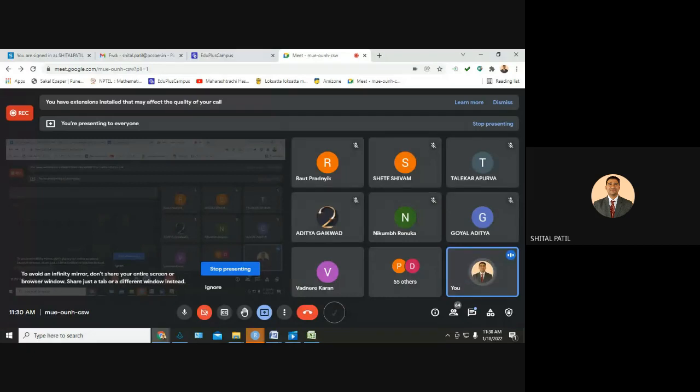Except 56 and 61, remaining all are present. 66 is the strength. I wanted to find 2 students only, so why take attendance of everyone?